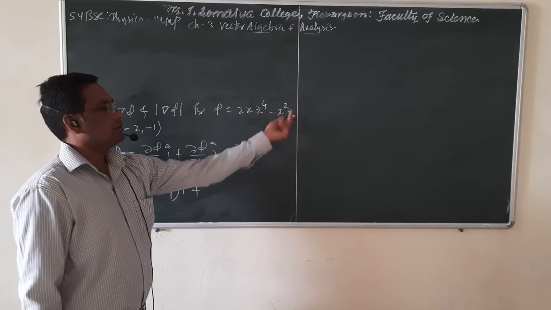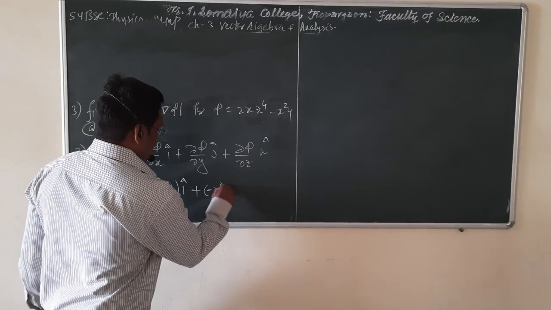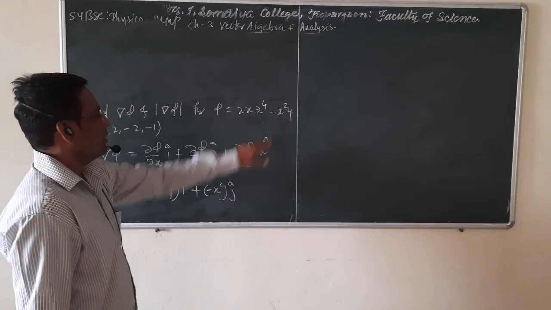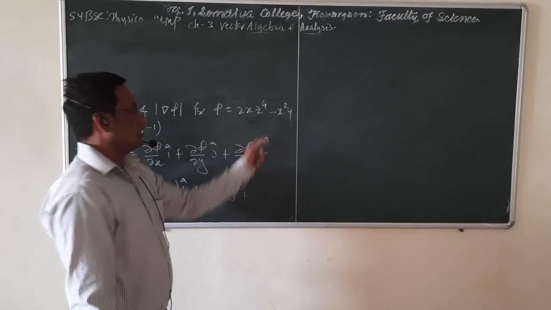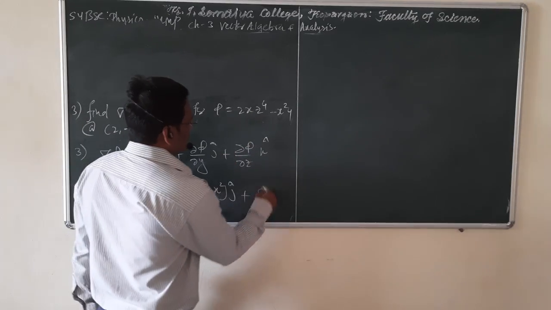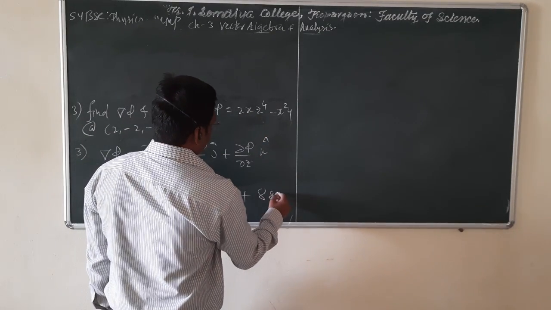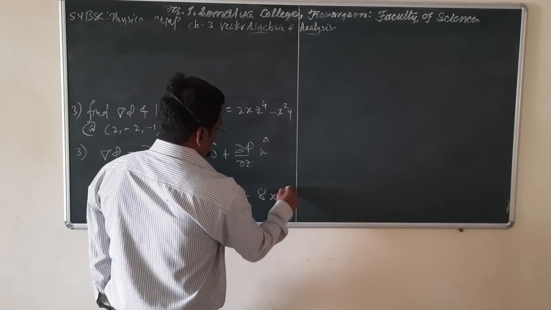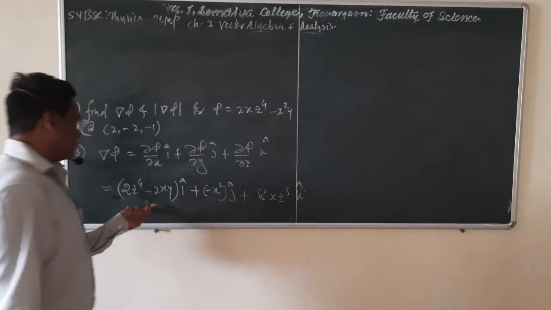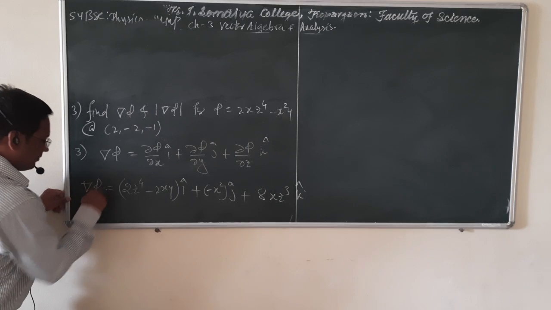So that will become minus x square into j cap. And plus the partial derivative of phi with respect to z, so that will become 8x z cube into k cap. So here we obtain gradient of phi.